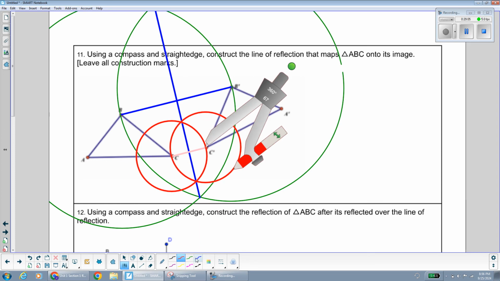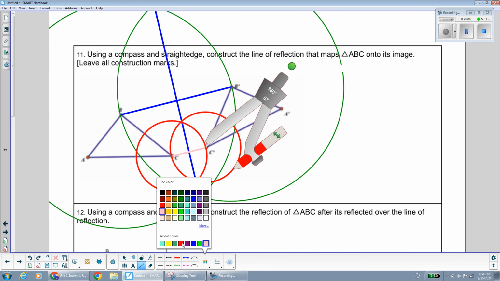Same circle. And notice how it's the same line of reflection. That tells us that we found the correct line of reflection originally. Doing it twice with two pairs of corresponding points makes it more accurate.